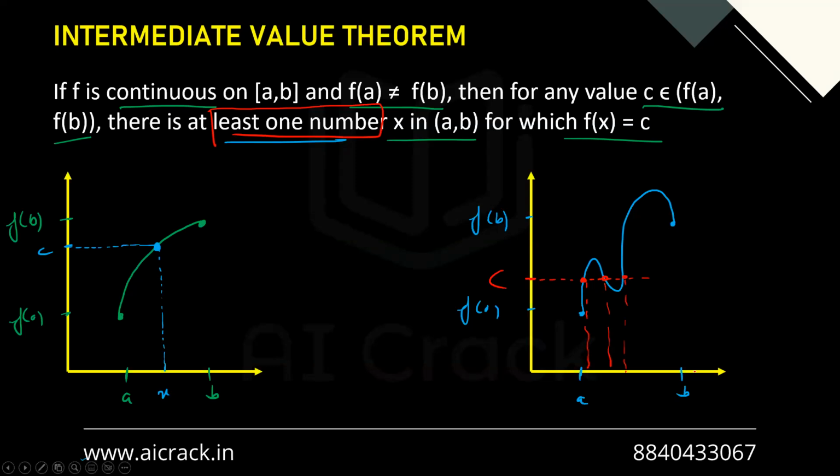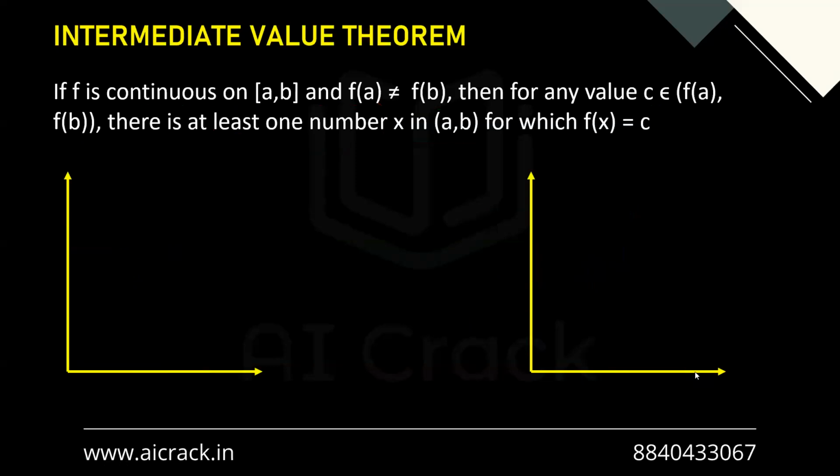Okay, now let's try to create some different kinds of graph. Let's say this is a, this is b, this is f(a), this is f(b). This is our first point, this is our second point, and let's say this is our function.